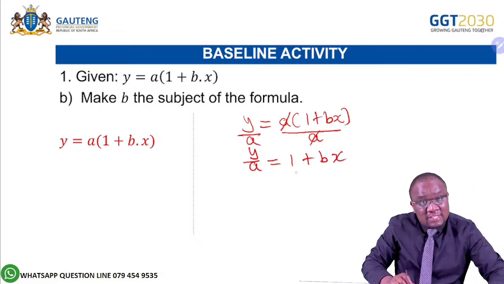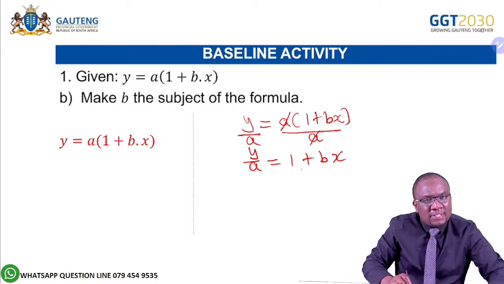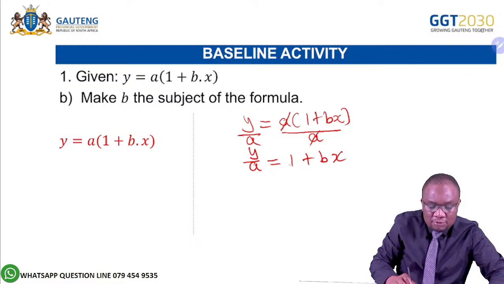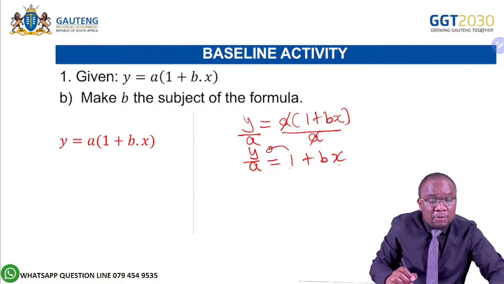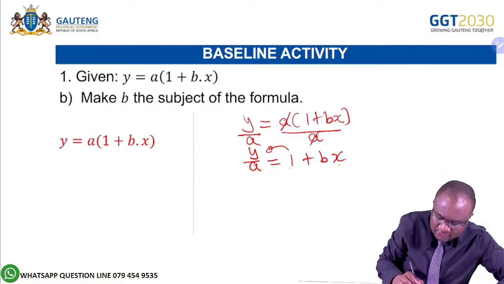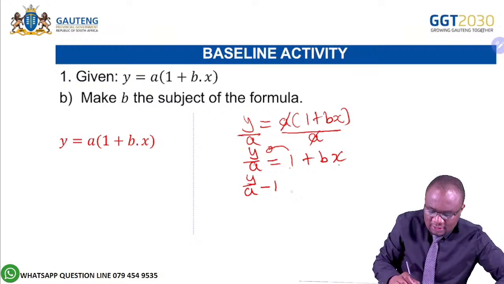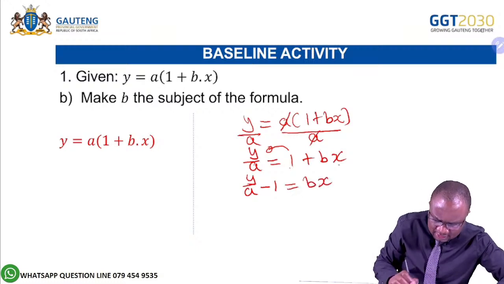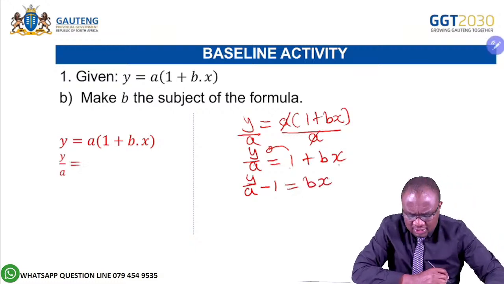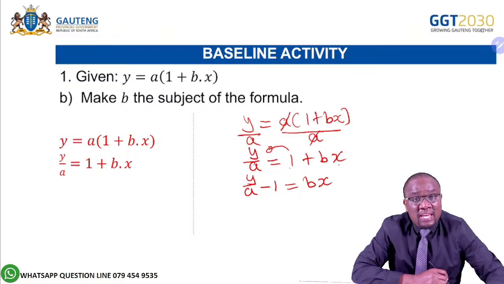We have this plus 1 here on the left-hand side. So what are we going to do? We have to subtract 1 from both sides, or we transpose, bring positive 1 to the left, and then it becomes y over A minus 1 is equal to bx. Still there's x which is attached to b there.